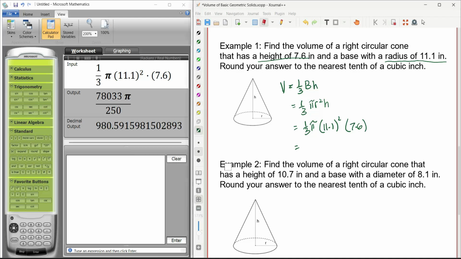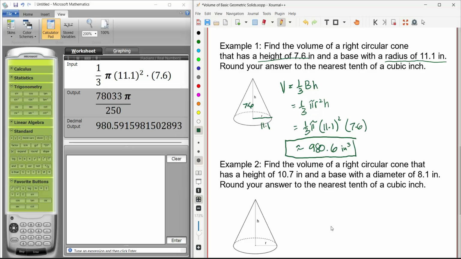We're using the decimal output. So it's approximately 980.6 cubic inches. There you go. So by the way, that's the radius, the 11.1, and then this is the 7.6.